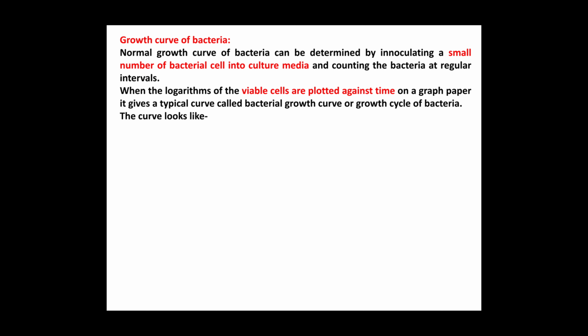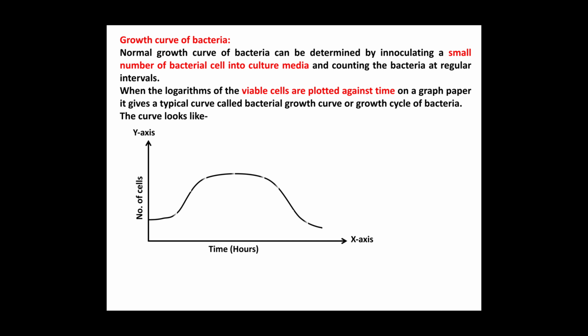The growth curve of bacteria will look like this. Suppose we draw an x-axis and a y-axis. We take time in hours on the x-axis and the number of cells on the y-axis. Then the curve will look like this, you can see in the diagram. The resulting curve has 4 distinct phases.